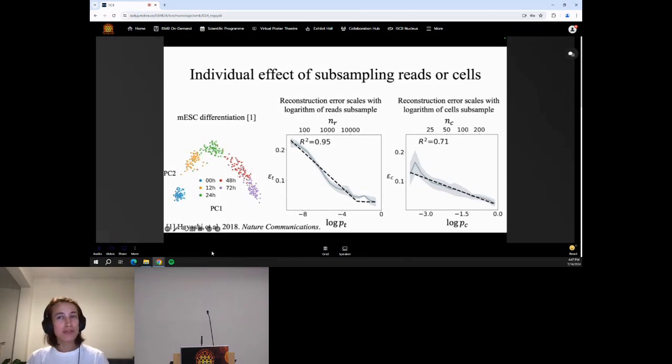We observe that the reconstruction error decreases logarithmically with the number of cells. These two trends suggest that with a fixed sequencing budget, the reconstruction error can be non-monotonic across the breadth-depth trade-off. That is, we can get high reconstruction error when sequencing both very deep or very broad.